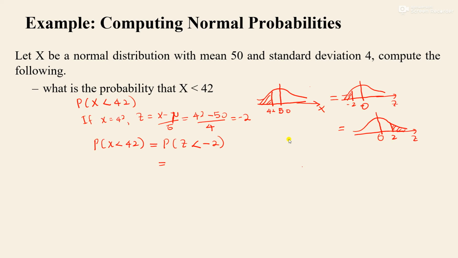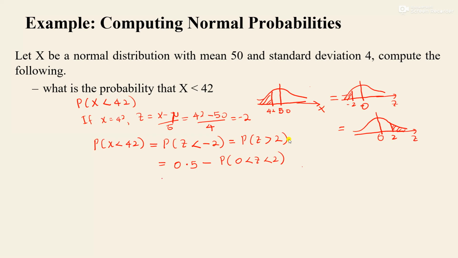So this is equal to 0.5 minus this area. Now actually we need this area, but from the table only we can get this area. So from the 0.5, if we subtract this area, then you can get the shaded area, right? 0.5 minus probability of z greater than 2. So that is 0.5 minus probability of 0 less than z less than 2.